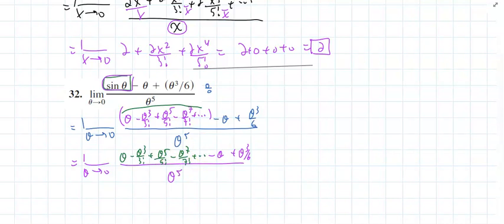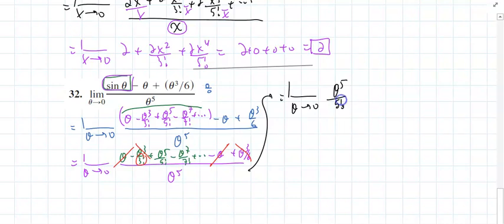And what do you notice? The theta cancels, and the theta cubed over 3 factorial term cancels as well. So I am left with this infinite series: theta to the 5th over 5 factorial minus theta to the 7 over 7 factorial plus theta to the 9 over 9 factorial, and the list goes on, over theta to the 5th.